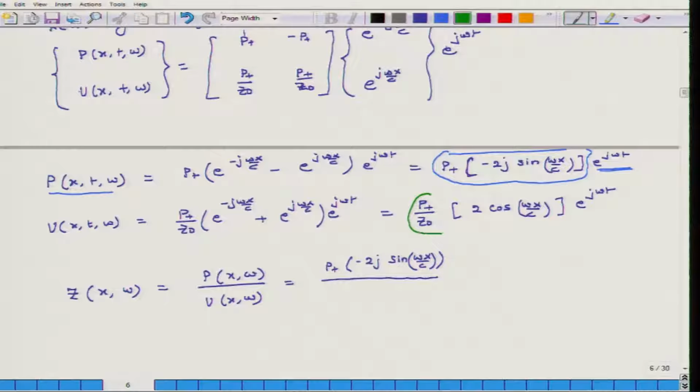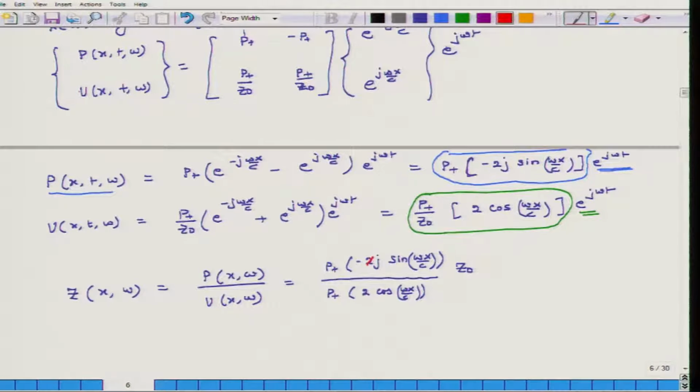Similarly, the term in green is the amplitude of the complex velocity, because the amplitude of e to the j omega t is 1. So, the amplitude of u is P plus times 2 cosine omega x over c, and there is a Z naught here which will come in the numerator.